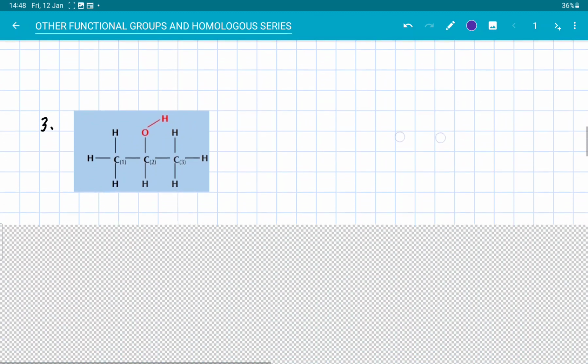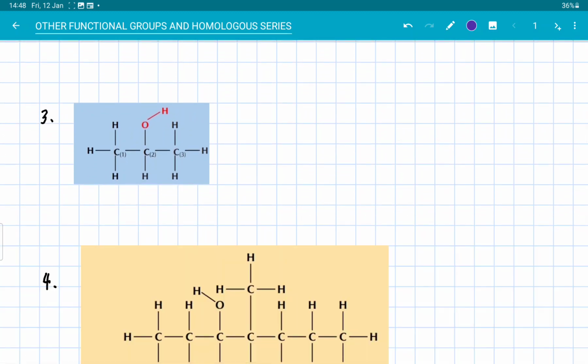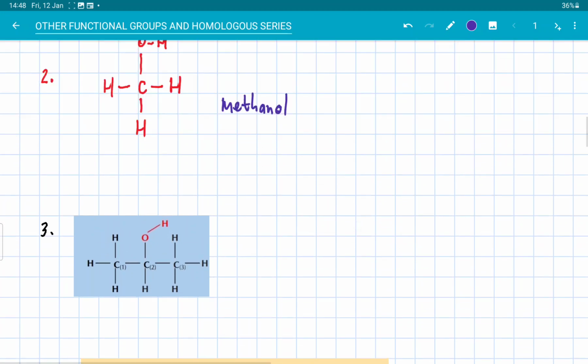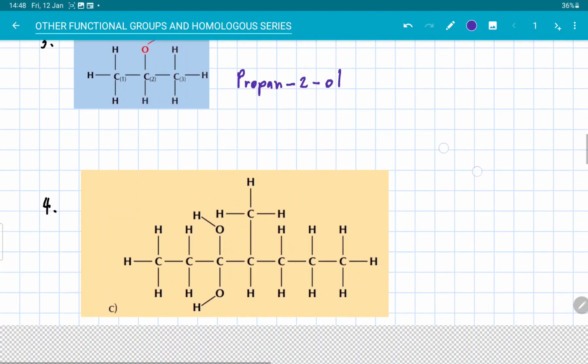Very, very poisonous. This alcohol is on carbon 3, so it's going to be propan-2-ol, people. Is this clear?